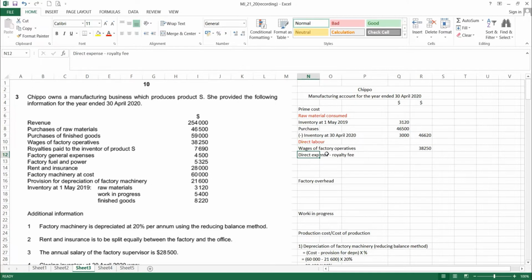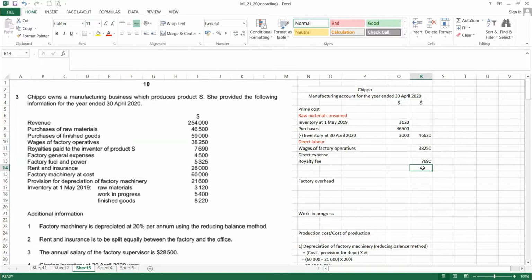The last one, direct expenses in here, which is the royalty fee. Okay, royalty fee amount to how much? 7690.